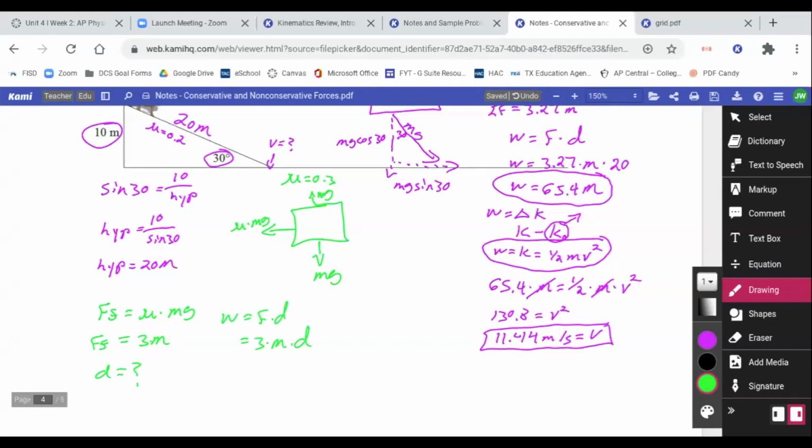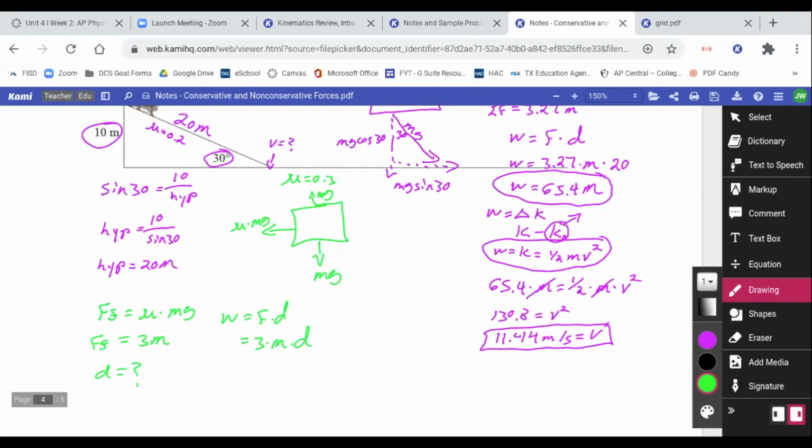Okay, let me ask you this. Separate question: let's say it takes 5,000 joules to move a car of a certain mass from 0 to 20 miles an hour.